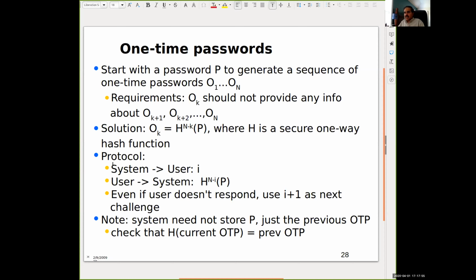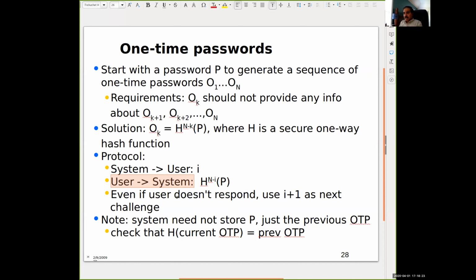The system first says, hey, you have used up to I-1 passwords. So now I want the ith password. And the user then provides the ith password in the list. And then the system verifies whether it is the ith password. And then it allows the user to log in.